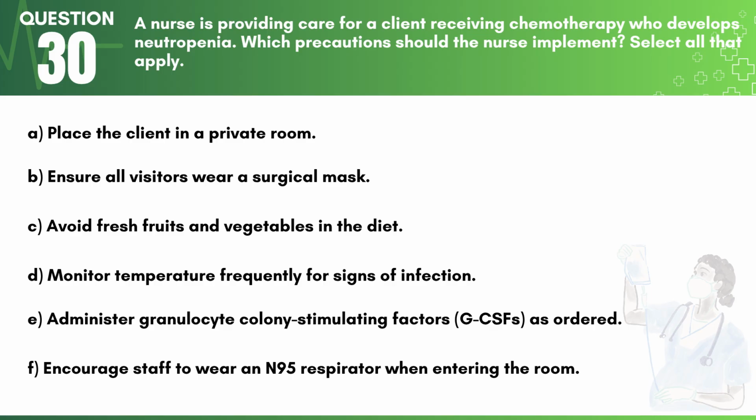C. Avoid fresh fruits and vegetables in the diet. D. Monitor temperature frequently for signs of infection. E. Administer granulocyte colony stimulating factors, GCSFs, as ordered. F. Encourage staff to wear an N95 respirator when entering the room.